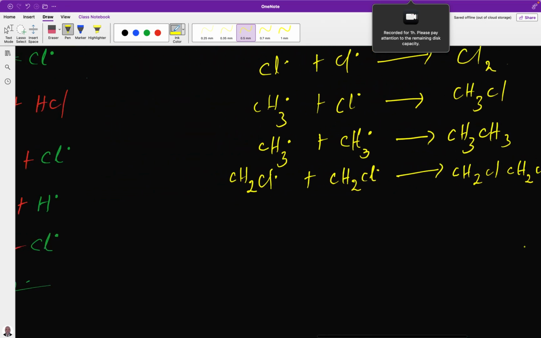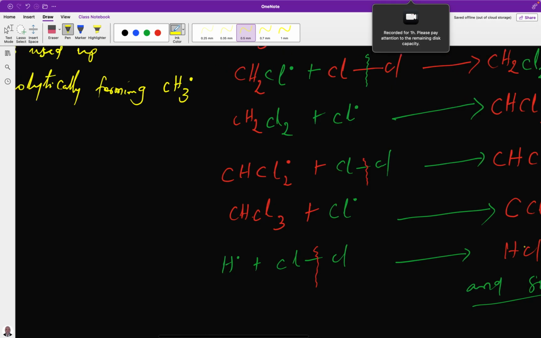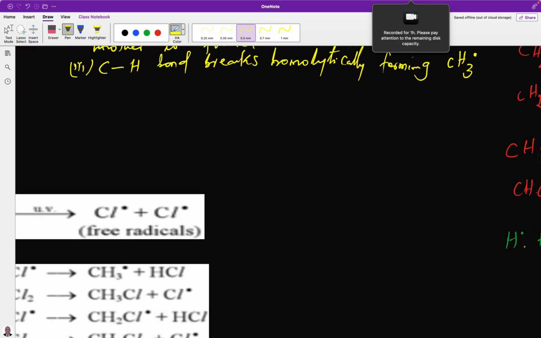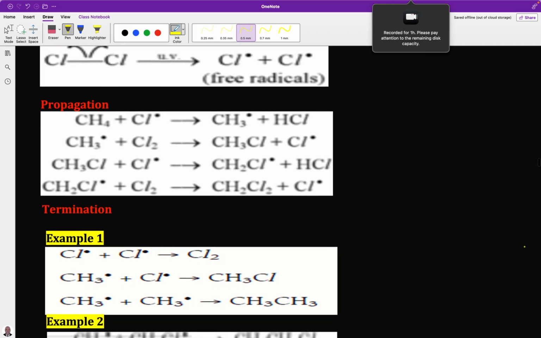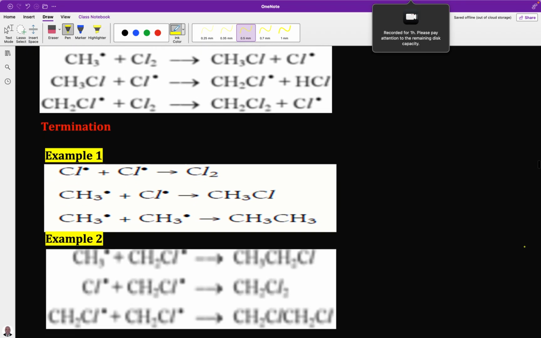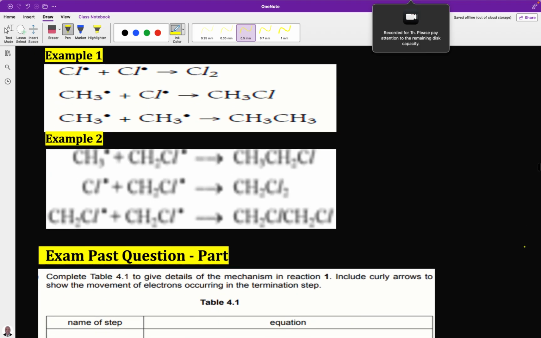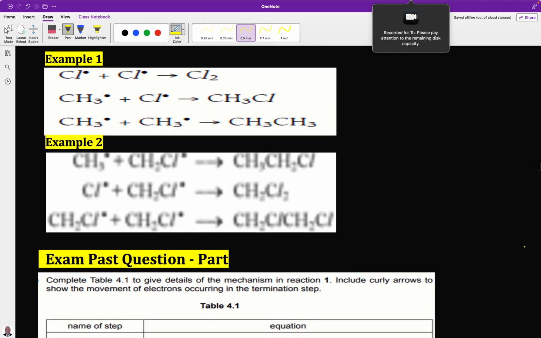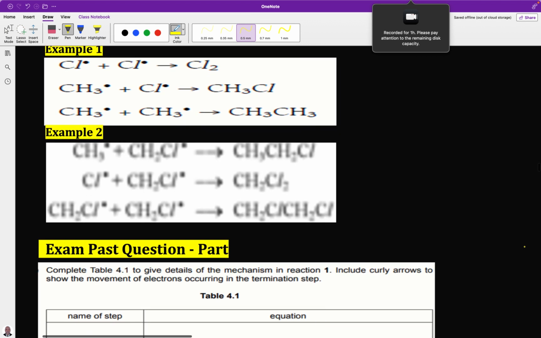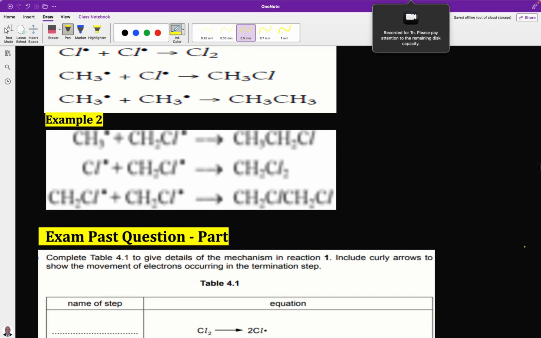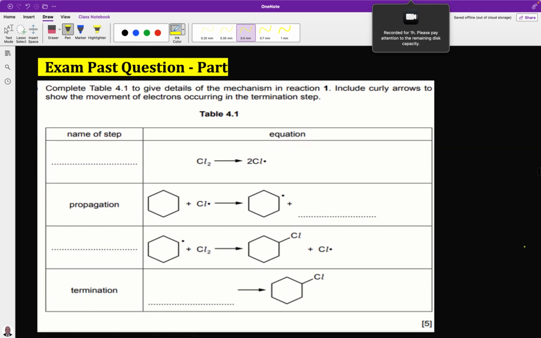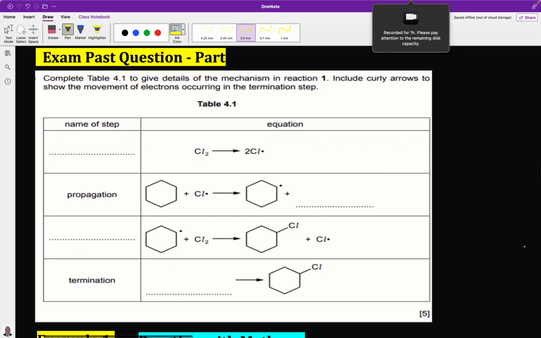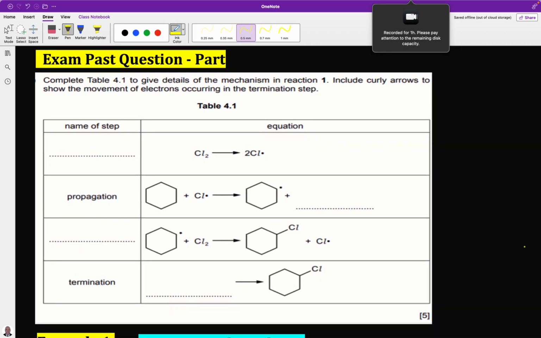Okay, these are good examples that you have been given. Example number 1, chlorine and methane free radical reacting. Okay, this is an exam past paper question.